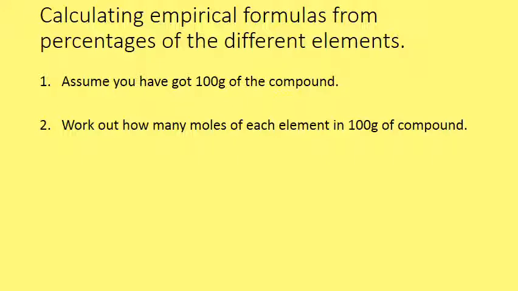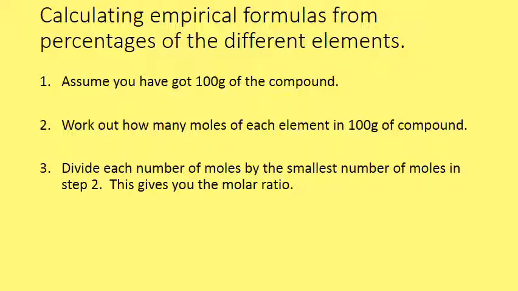We know the equation to work out moles from mass, so that's not going to be a problem. Then we're going to divide each number of moles by the smallest number of moles in step 2, because step 2 is going to give us a molar ratio of the atoms in a compound, but it's not going to be a nice clean integer, right?